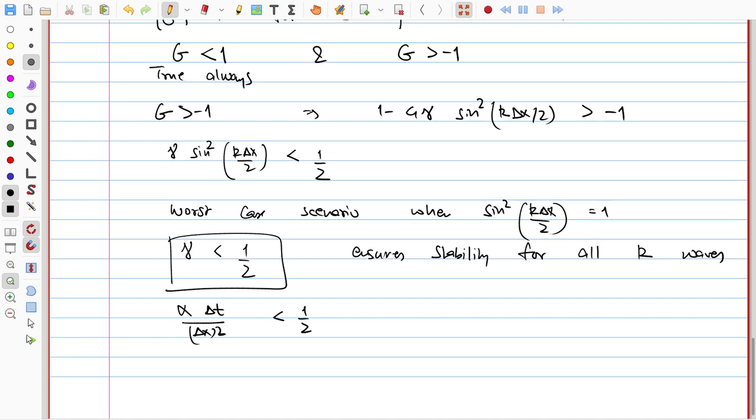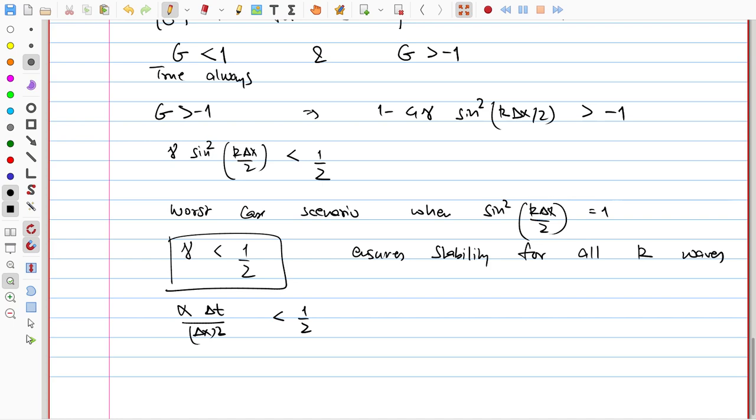Now, alpha is based on your physics. I can't play around with that. If you are solving a given situation, alpha is diffusivity, which is based on physics. But delta t and delta x are in our control. So what that means is for a given delta x, there is a corresponding maximum delta t that you can have.